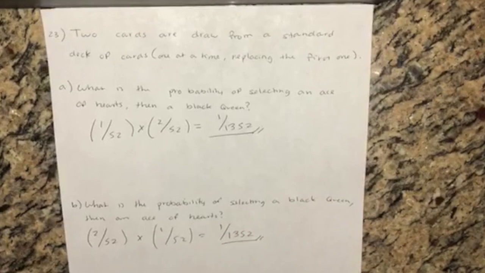And for the last question, letter C, what is the probability of having selected a black queen and an ace of hearts? So then you're going to use the formula.